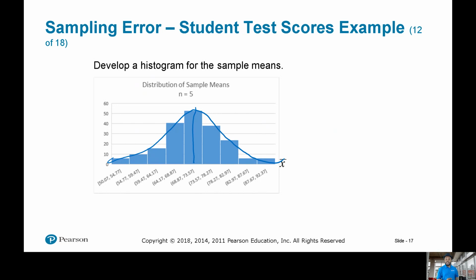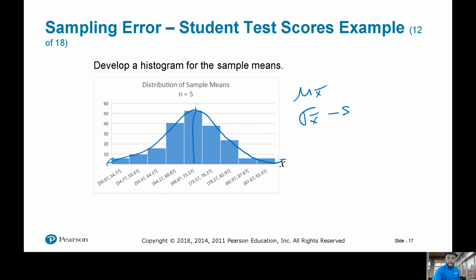So this is our sampling distribution, and from it we can find the mean of our sampling distribution, and we can also find what we call the standard error of our sampling distribution.